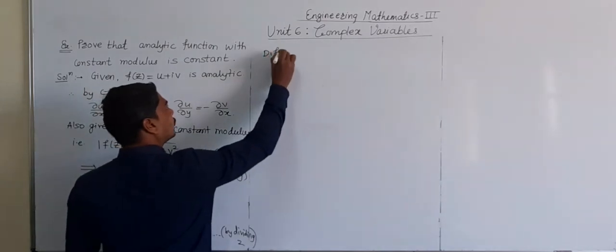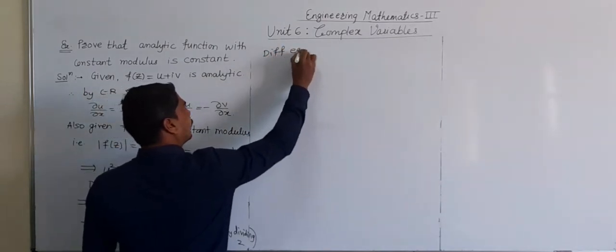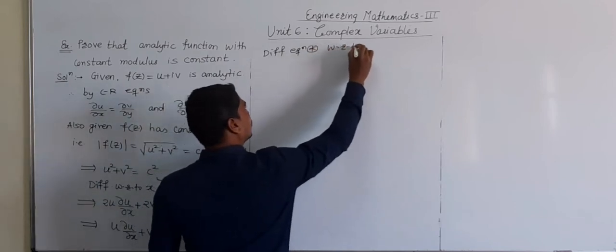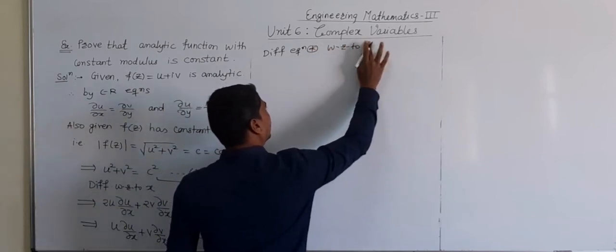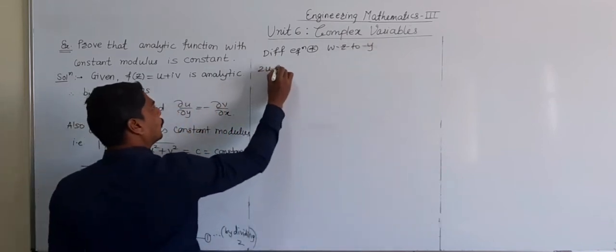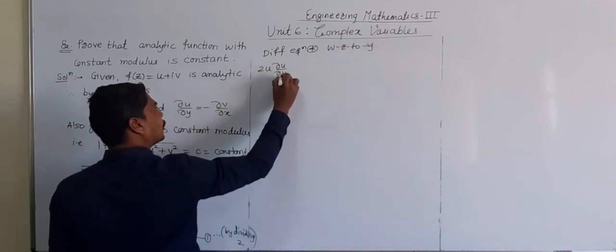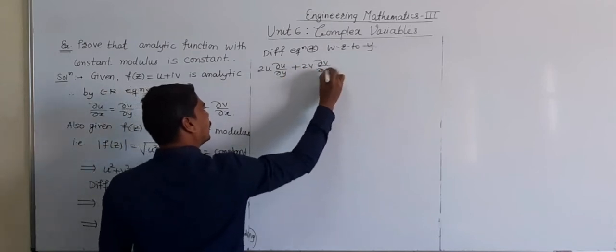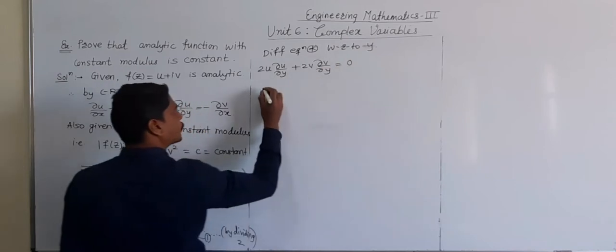Now differentiate equation star with respect to variable y. So we get 2u into partial derivative of u with respect to y plus 2v into partial derivative of v with respect to y is equal to derivative of constant, which is 0.